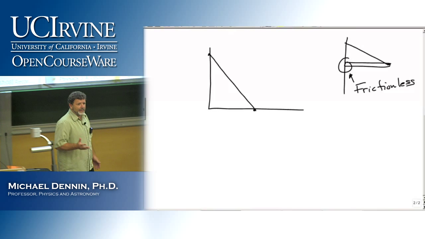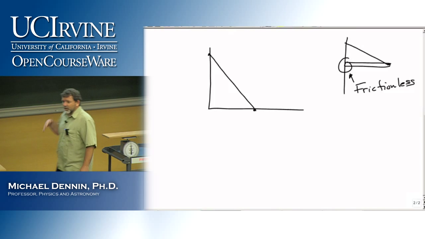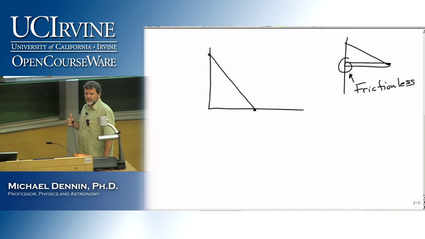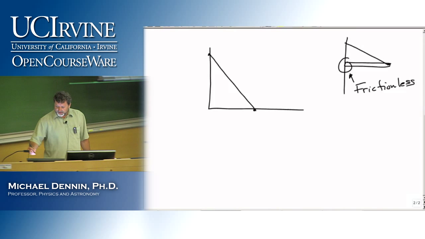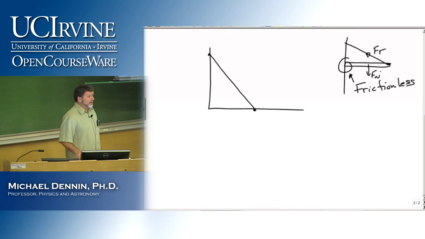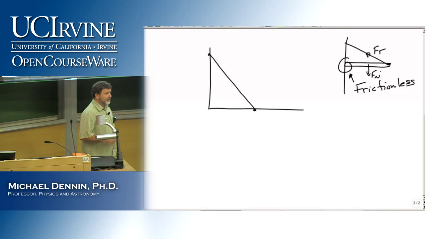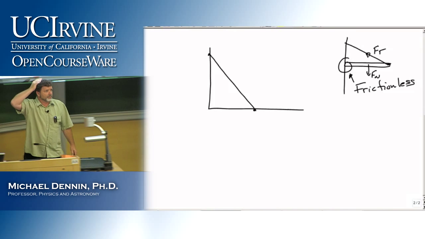No. Why not? If the wall was frictionless, why can this beam not stay up? Well, we do have tension up in the rope and weight down, so we can get forces to balance. What ends up being a problem? Torque.